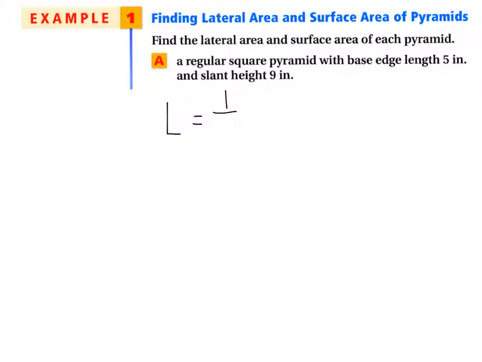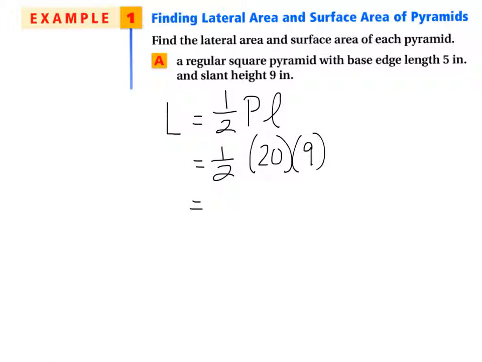The lateral area is just 1/2 multiplied by the perimeter of the base times the slant height. So that would be 1/2 times 20 times the slant height of 9, super easy. That's going to give us 90 square inches. So that would be the lateral area.